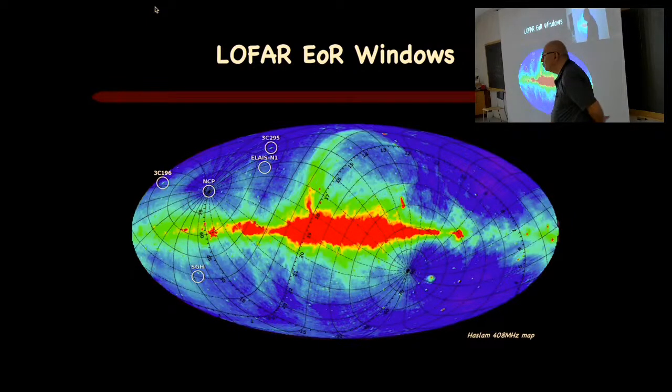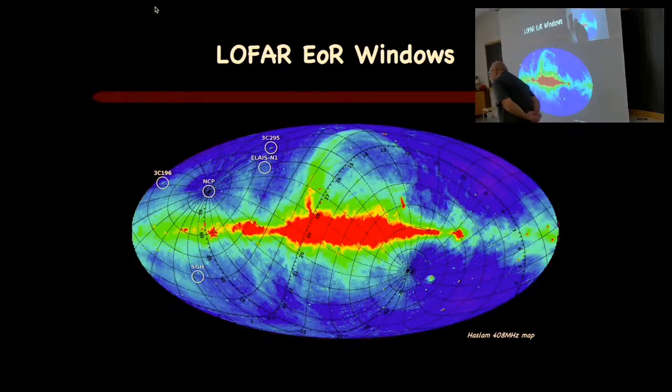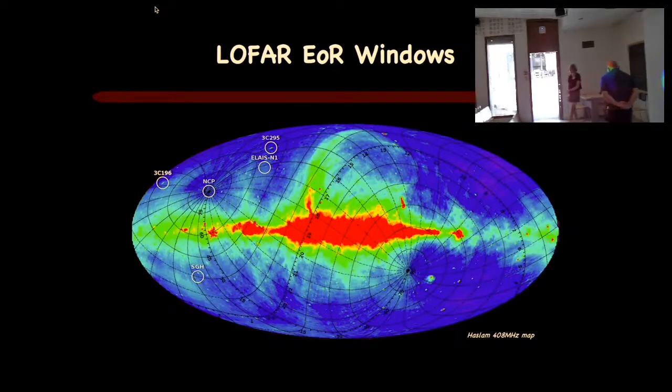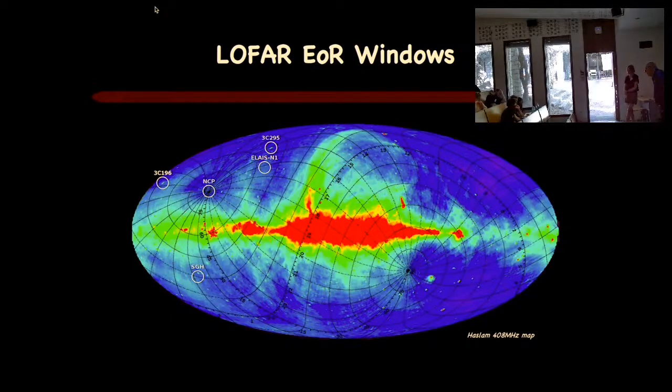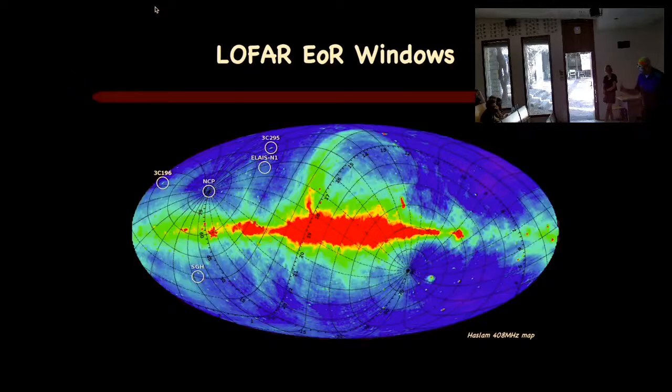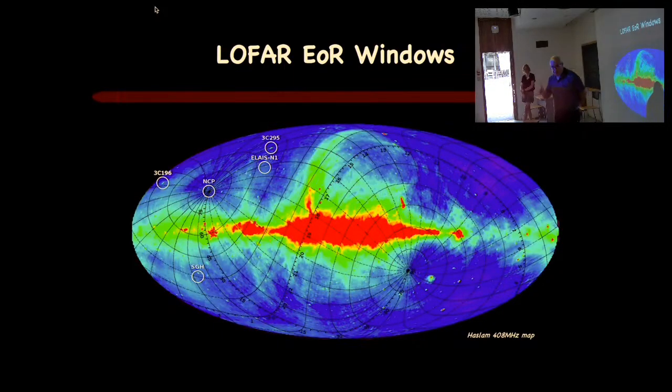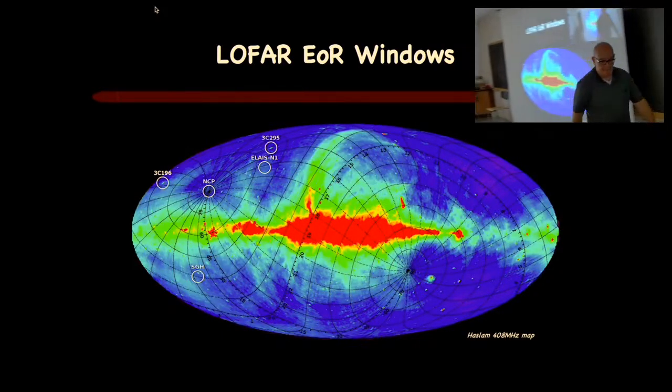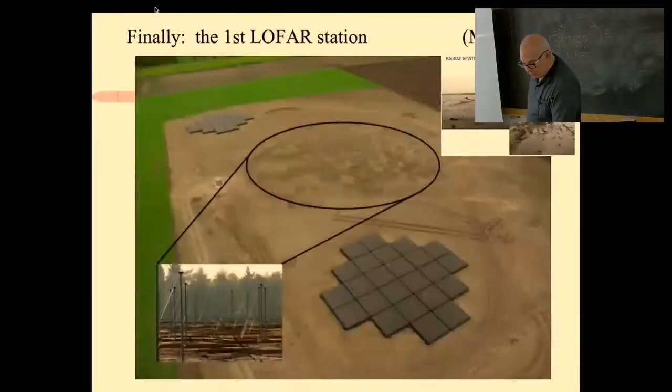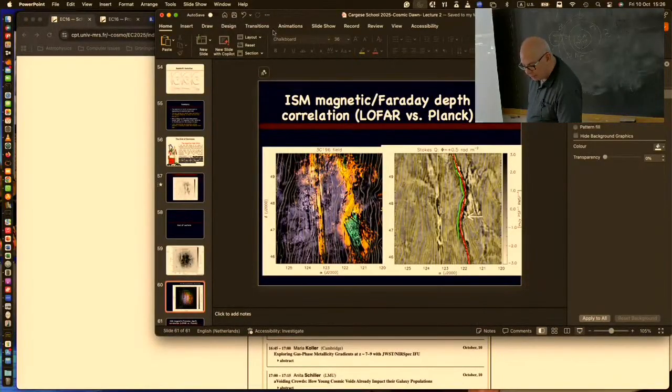So you mentioned multiple times that you assume that the foreground is kind of smooth in frequency. Yeah. So how good is that assumption? So far, so good. In total intensity, in polarization, I can show you actually. So this is part of the PhD, part of the hidden things that I have here.